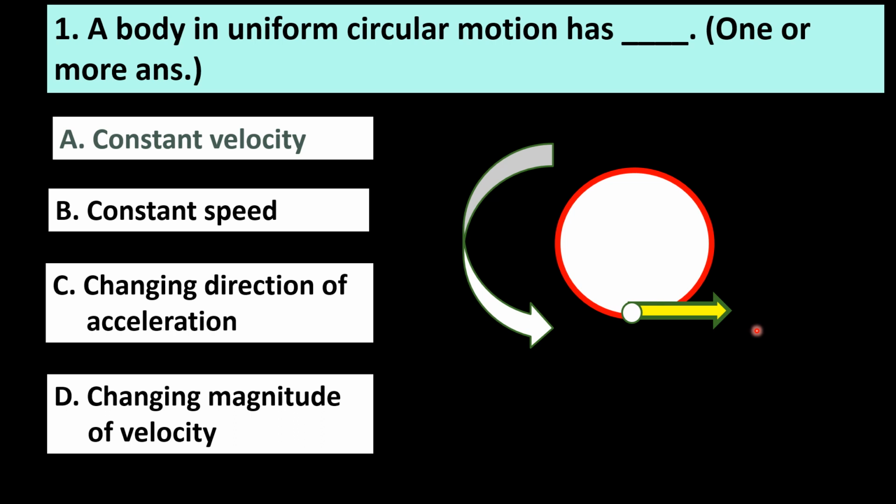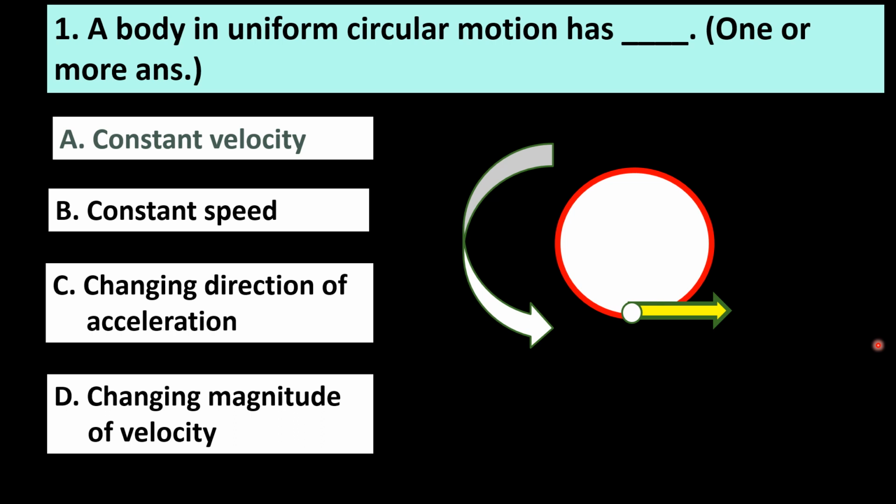The rule is we always describe the direction of the linear velocity as being tangent to that point. You can imagine a line that touches that point and no other points around the circle. We label it as tangential velocity, to emphasize that it's always tangent to that point.